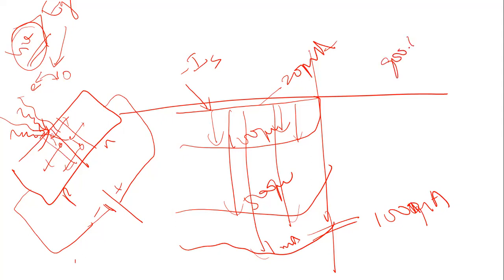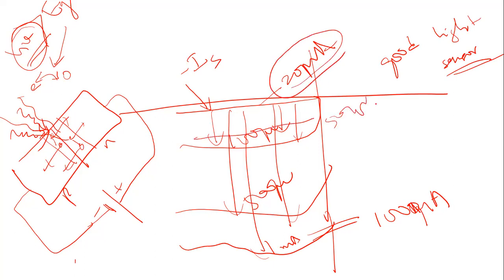It is a very good light sensor because it can detect even a very small amount of faint, very low intensity light, and that low intensity absorption also will result in a change of current from 20 microampere to, let's say, 50 microampere. As long as we have such a change in current, we can tell that light radiation exists there in that photodiode.